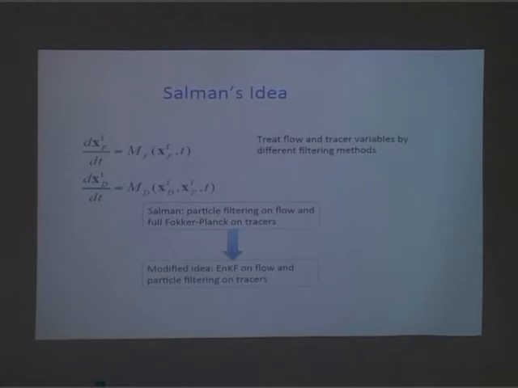So the modified idea, which we started working with, and this is Elaine, Amit, and I, was to do an ensemble Kalman filter on the flow variables and a particle filtering on the tracer variables, which is basically some kind of approximation, presumably to the Fokker-Planck equations, at least in calculating the prior at the data assimilation step.